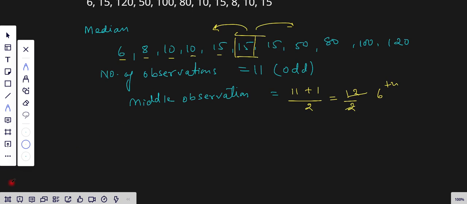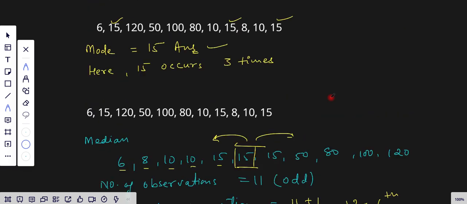So you can say that the median of this observation is equal to 15.